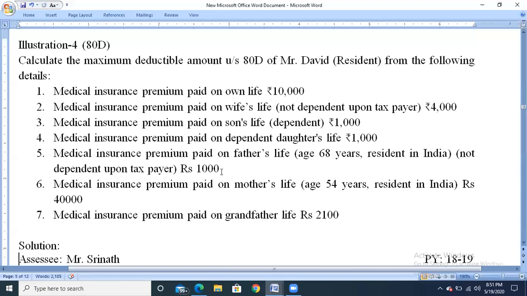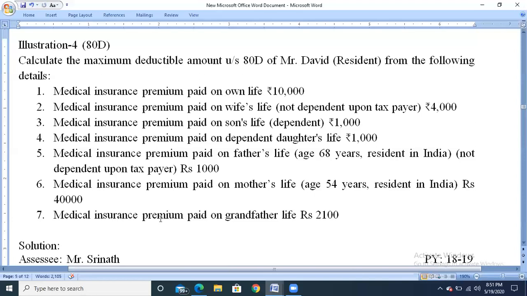So 1,000 plus 40,000, totally 41,000, and the maximum amount is 50,000. In such a case, we can claim the exemption under section 80D up to rupees 50,000.